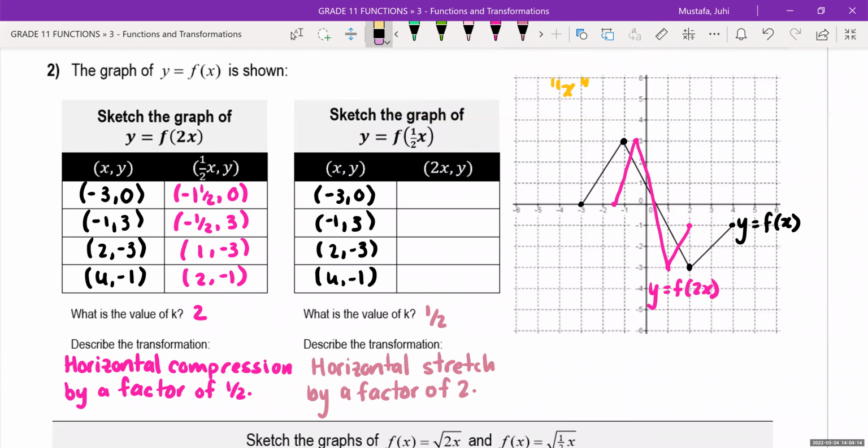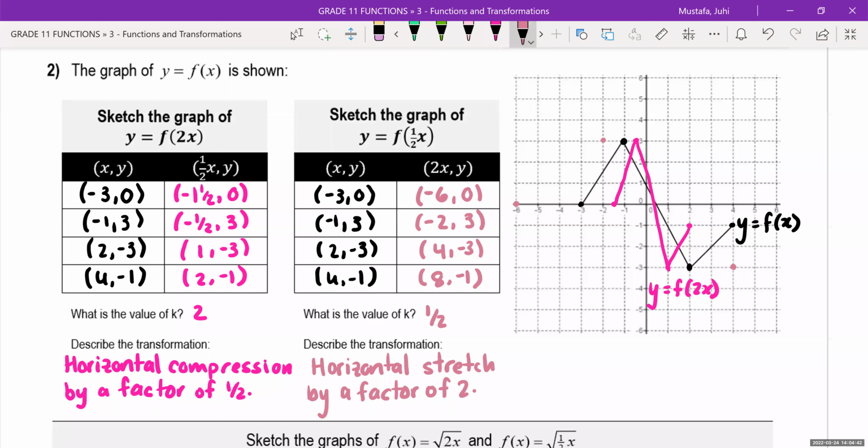Okay, so I'm just going to erase this stuff that I've made so messy. I'm going to multiply all my x values by 2. So it's going to be -6, -2, 4, and 8. And your y values don't change. So -6, 0, -2, 3, 4, -3.